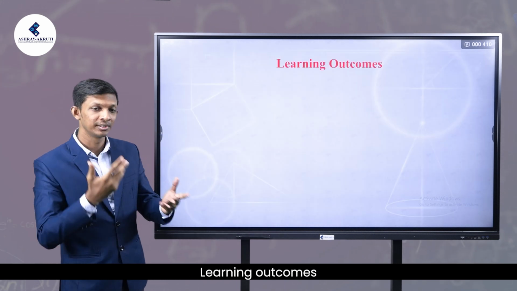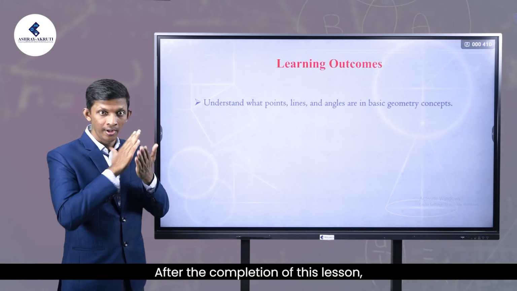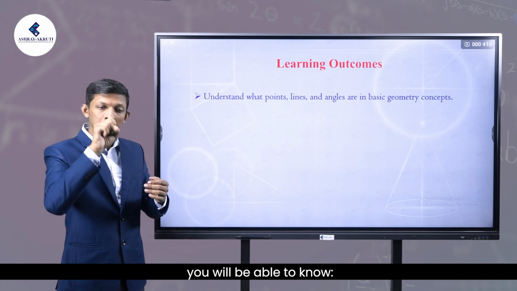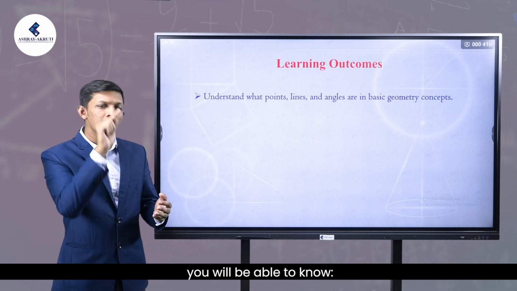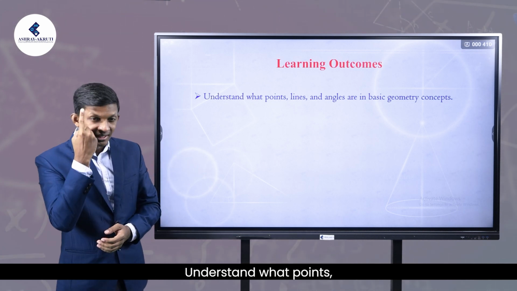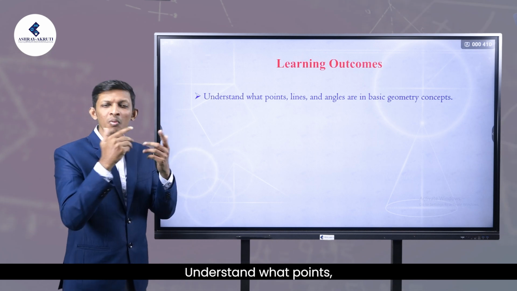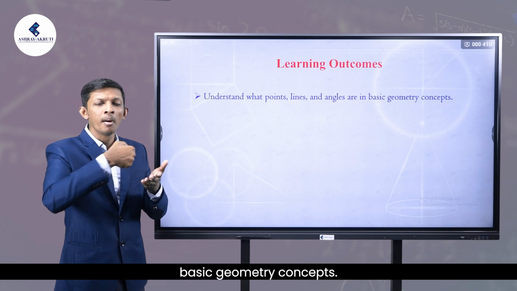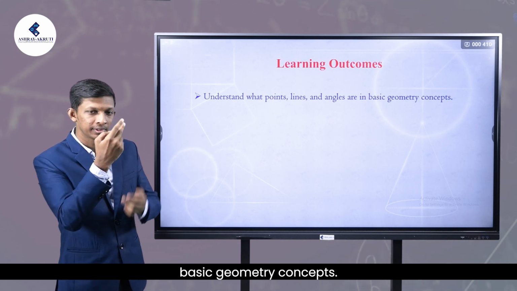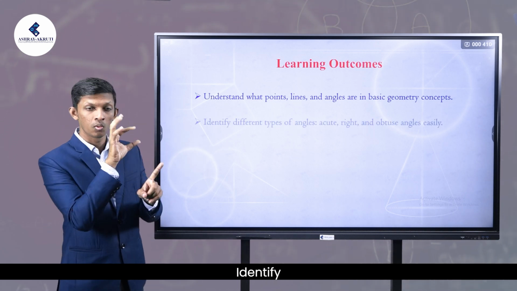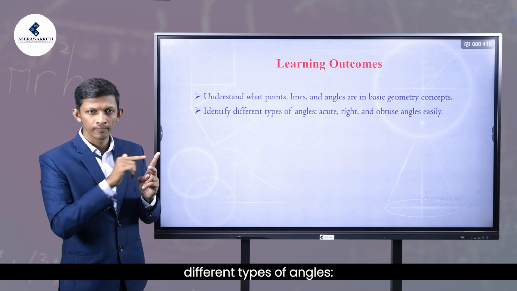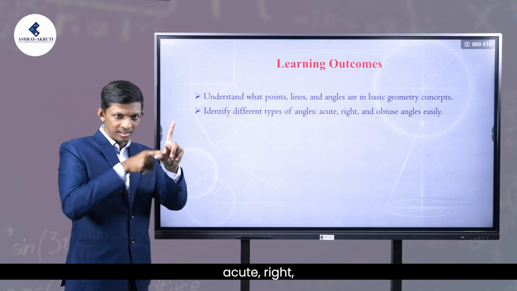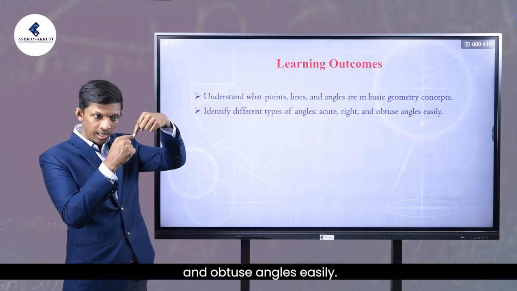Learning outcomes. After the completion of this lesson, you will be able to: understand what points, lines, and angles are in basic geometry concepts. Identify different types of angles, acute, right, and obtuse angles, easily.